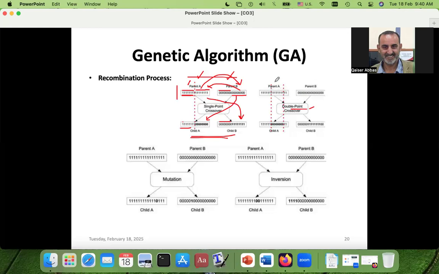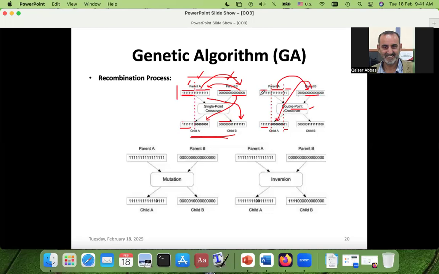Now, for example, in the parent A, we have drawn these two lines. This is the portion that you can modify between these two points. This remaining portion is the same in the children that you are getting, and only this portion, according to the positions, you are changing here.